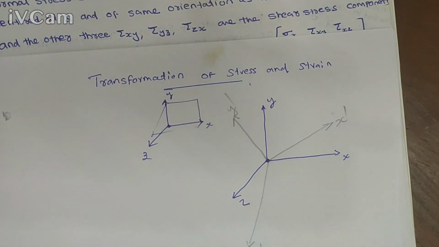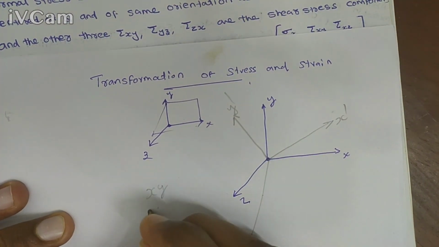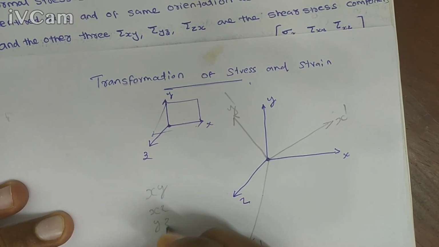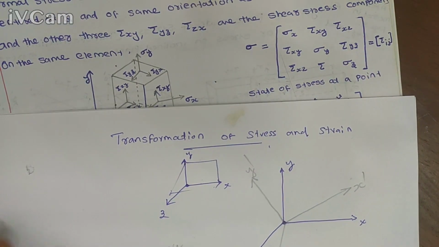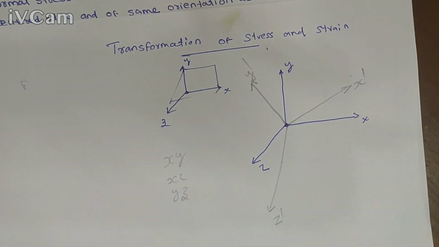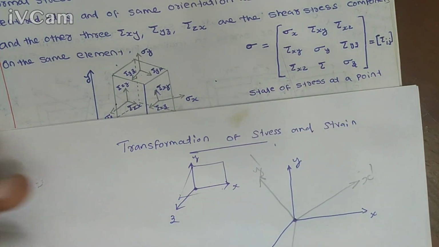While reorienting the reference axes, the reference plane will also change its position. For the x, y, z planes, we have 9 stress components in the stress tensor matrix. But if we change the reference plane or reference axis, the stress components will also change.